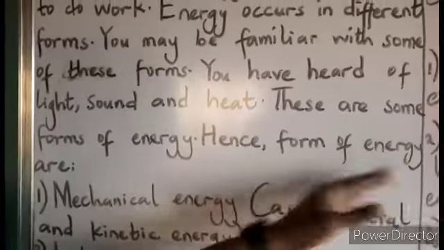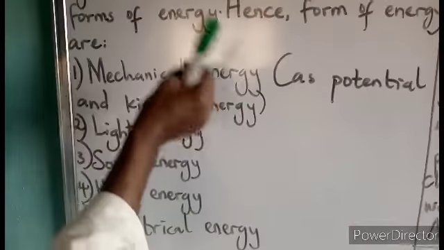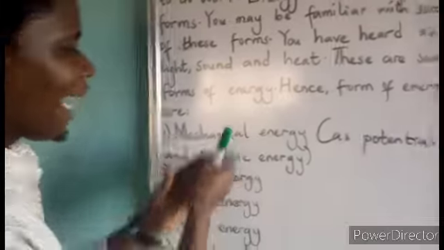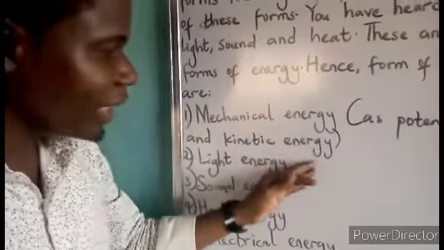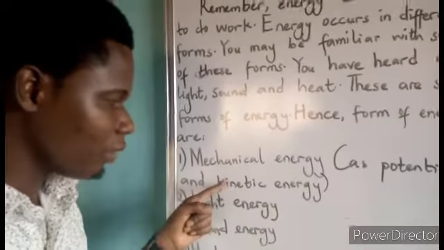Hence, forms of energy are, we have mechanical energy. Mechanical energy is also known as potential or kinetic energy. Potential or kinetic energy, they are the types of energy under mechanical energy. Please take note.